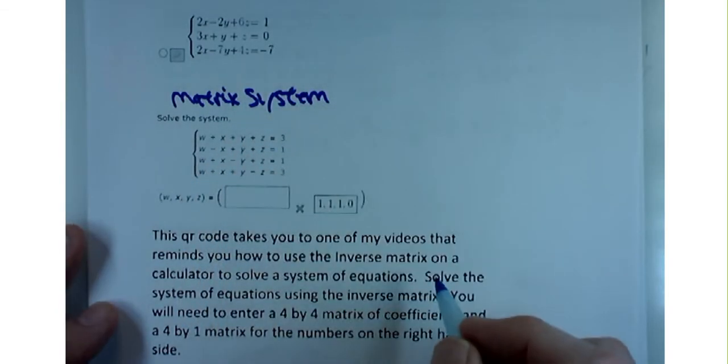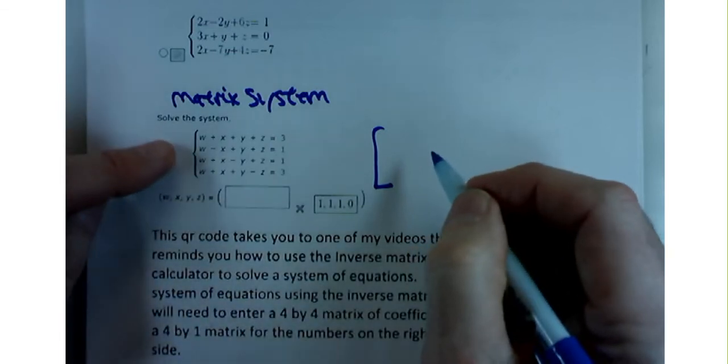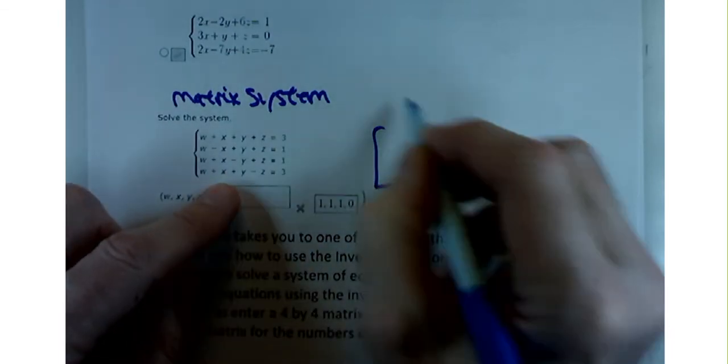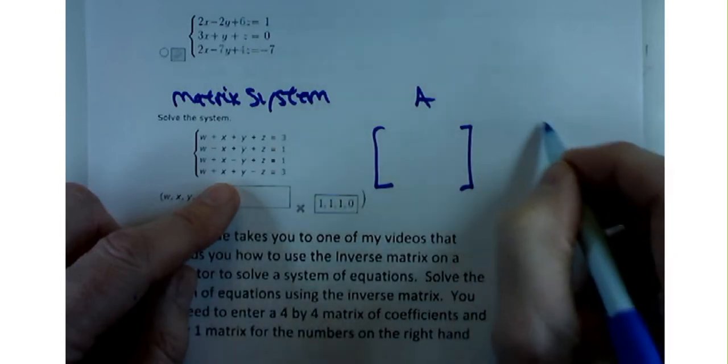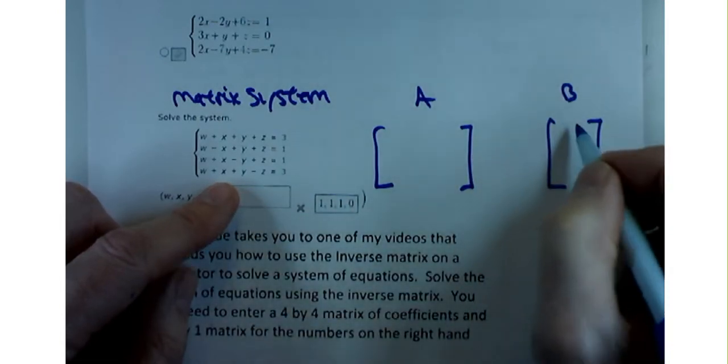If I want to solve it with a matrix system, then it's going to look a little different. You're going to have matrix A, which is going to be all the coefficients. And then matrix B is going to be the right-hand side.